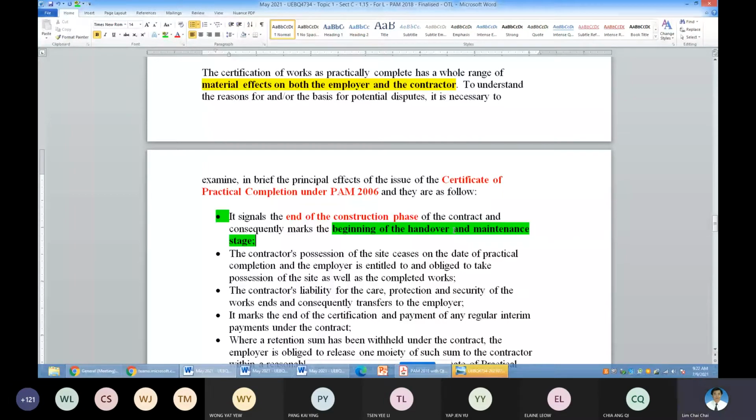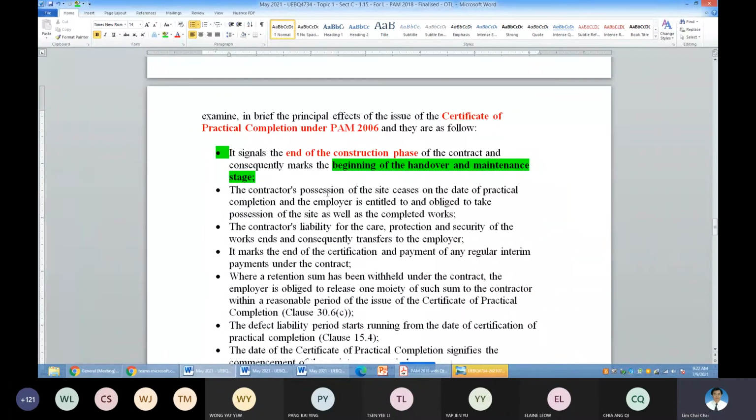And then more towards the contractual aspect of it. The moment the CPC is issued, the possession of site completely comes to an end. It means on that day, the contractor no longer holds the contractual licence of the project.